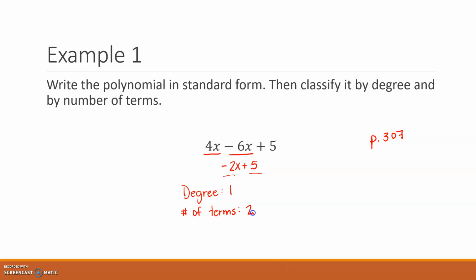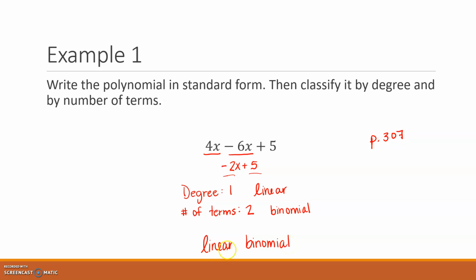So if you look at your chart, under degree 1, it says that we would call it linear. Then when you move over to the right and go to the number of terms column and go down to 2, it says that the name for that is a binomial. So we're going to call this one a linear binomial.